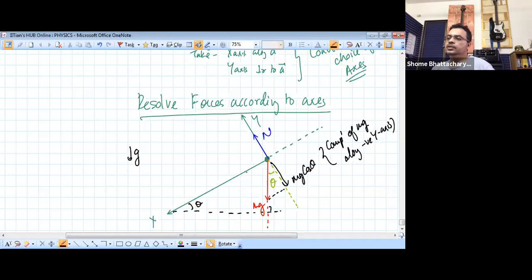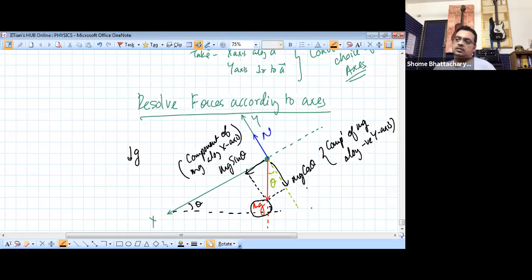And this component of mg will become mg sin theta. That is the component of mg along the x-axis. This vector mg in between is now divided into two components, mg sin theta and mg cos theta.